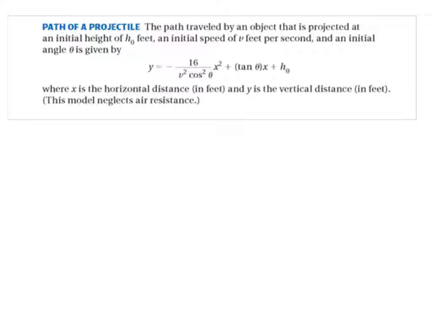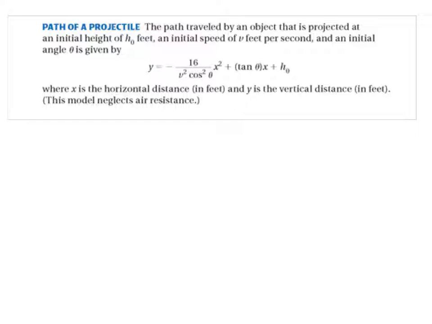This really is almost like ax squared plus bx plus c, which is standard form, right? Except we're talking about trig functions. So we know that x is our horizontal distance in feet, and y is the vertical distance in feet.